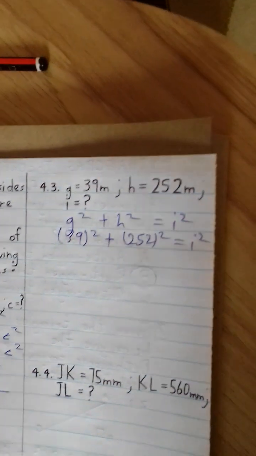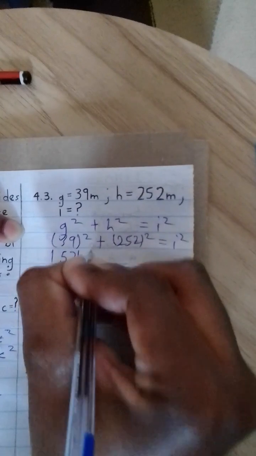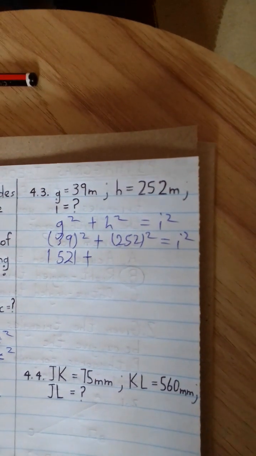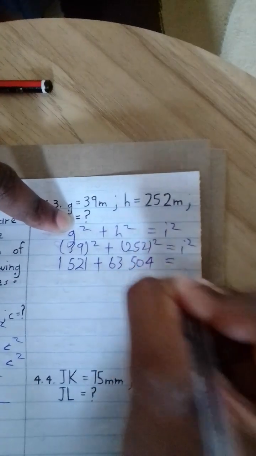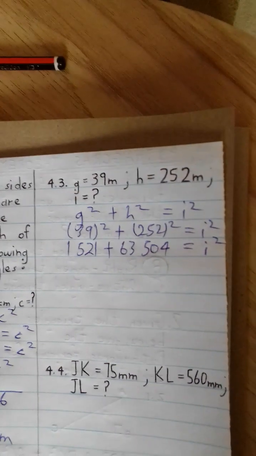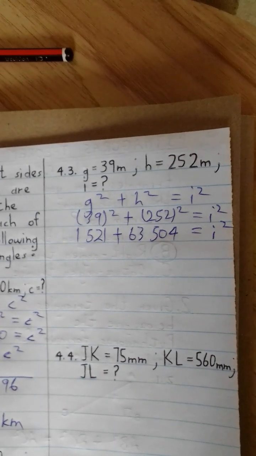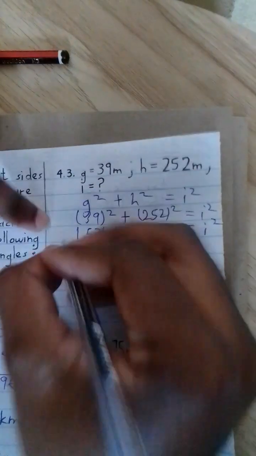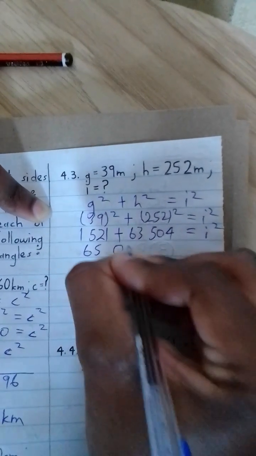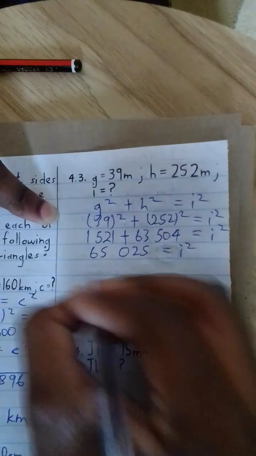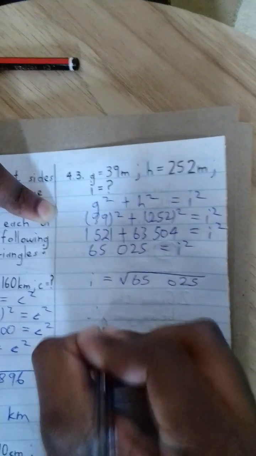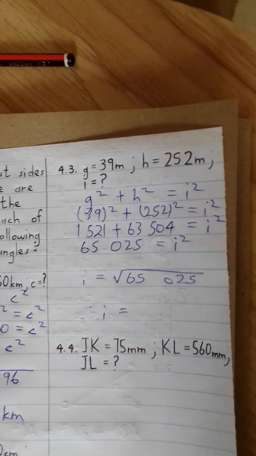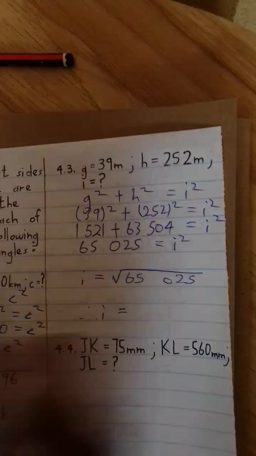I squared. 1521 plus 63,504 is 65,025. I is the square root of 65,025, which is 255 meters.